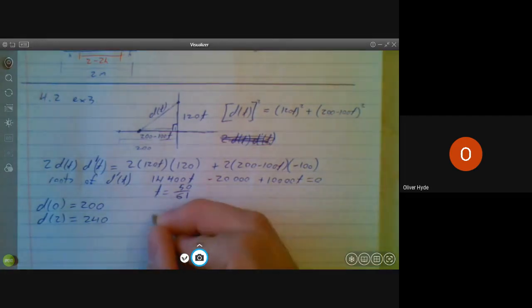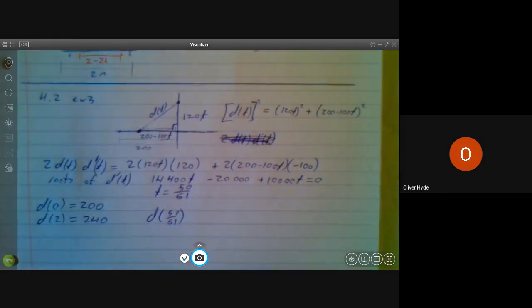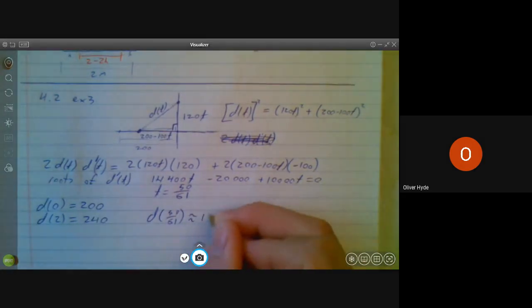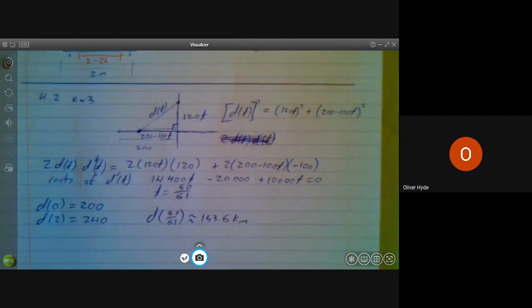If I actually substitute in 50/61 into this equation, I get about 153.6 kilometers. I suppose the wording on this question could have been find the shortest distance between the cars, or find the distance of closest approach between the cars. And that would have been my conclusion.